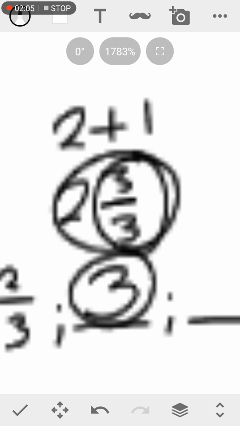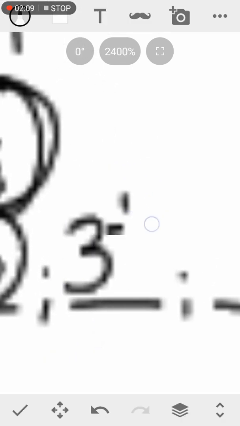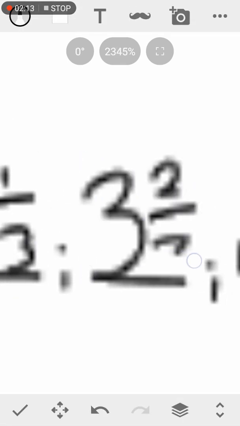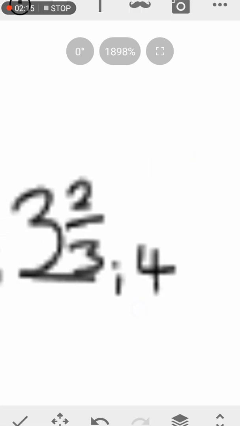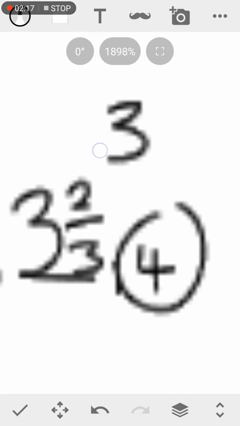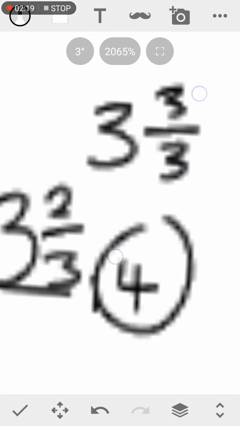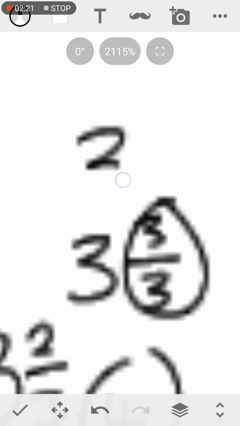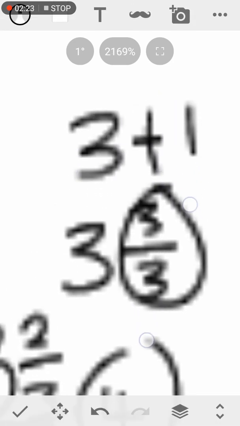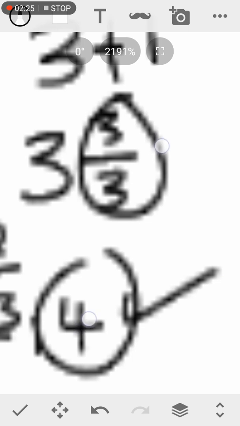It's better to just put the whole number in, okay? Then we have 3 and 1/3, 3 and 2/3, and this here will be 3 and 3/3. This 3/3 is one whole, so we say 3 plus this one whole, and we get 4.